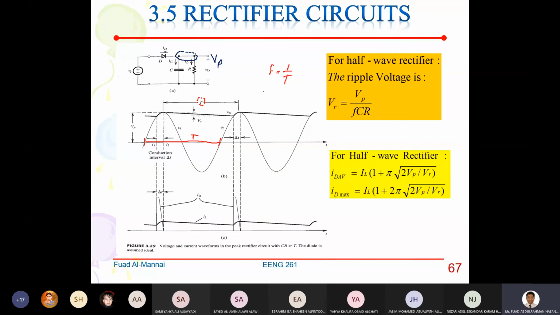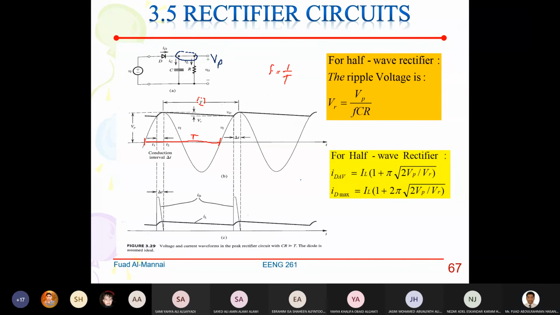C is the value of the capacitor, and R is the value of the resistance. The average current IL is given by 1 plus pi root 2 Vout divided by VR. And for ID max, it will give you the same, except that you have to multiply it by 2.